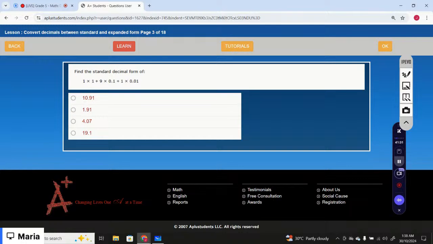The correct option is option number 2, that is 1.91.